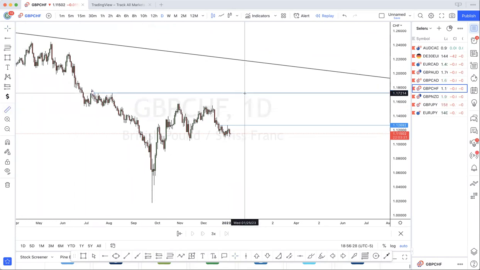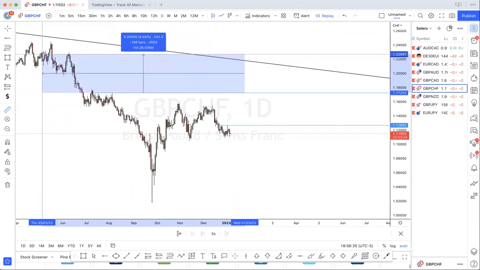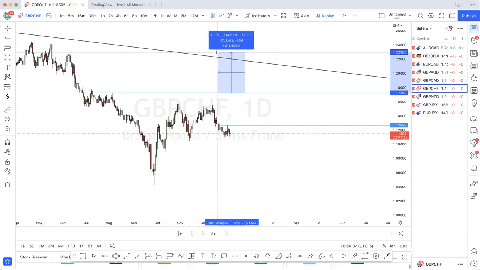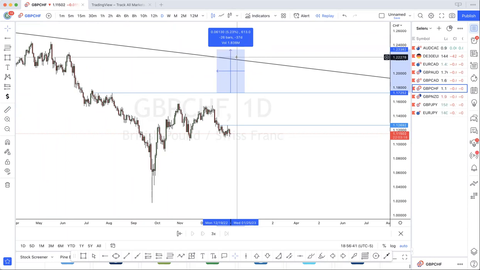If it breaks that high, then you can just buy it up to this. There's an order block here that's 289 pips. And then there's an order block right here. That's 613 pips.